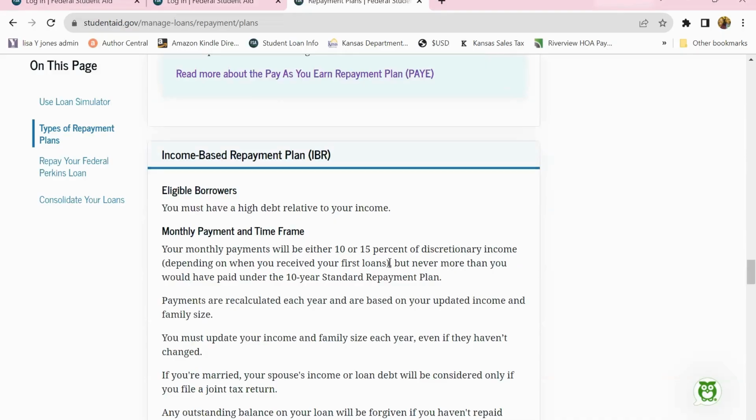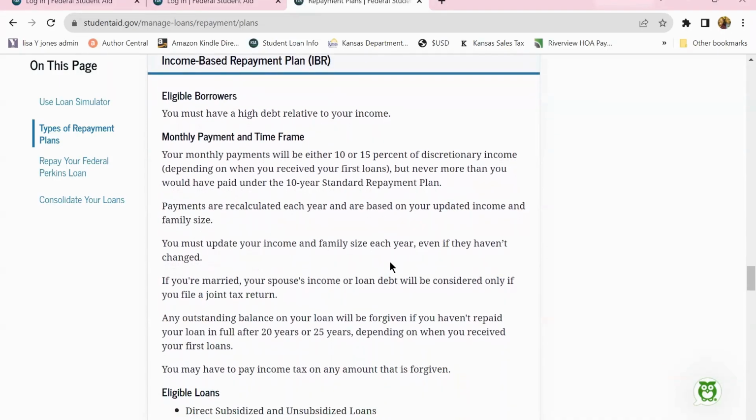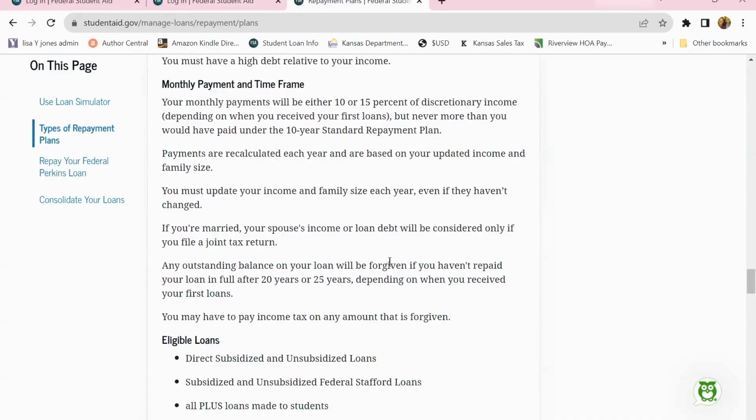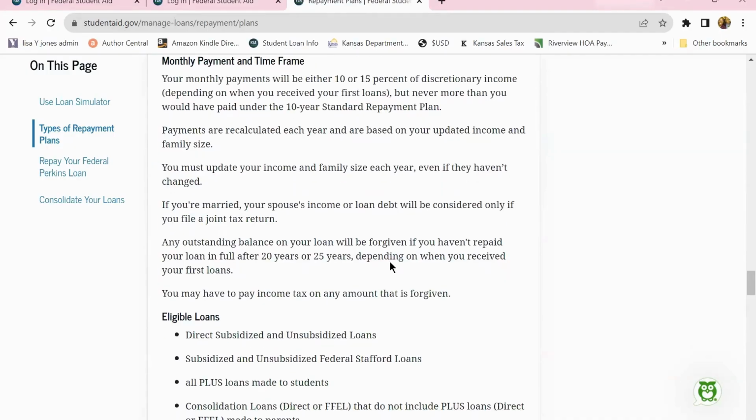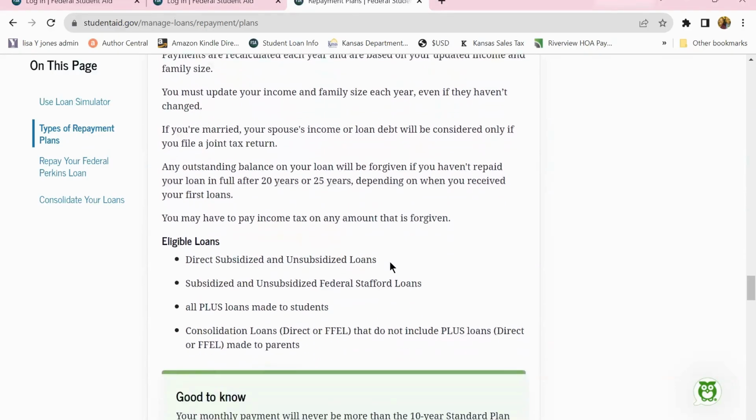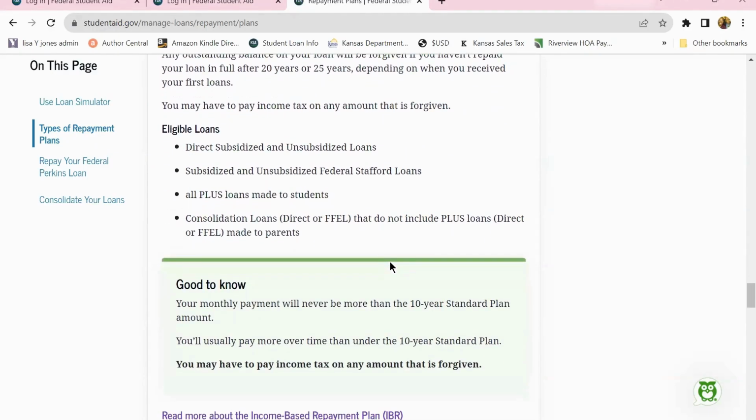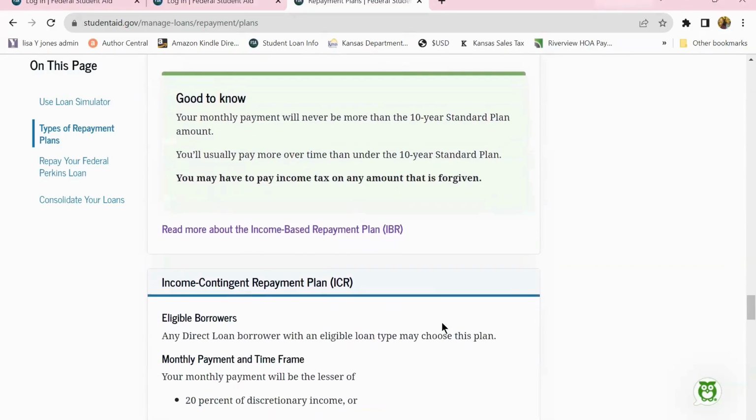So all of these are just variations of SAVE. I feel like all of these are going to go away. And SAVE is going to become your new plan. That's why I'm just telling people, you can just put yourself in SAVE and go from there. Because again, your payments are never going to be more than, but that doesn't help you.